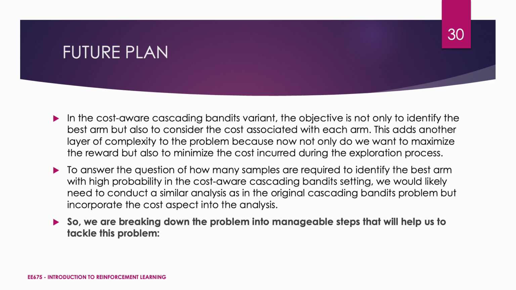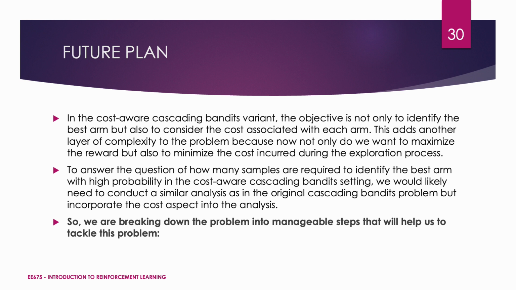To answer this question of how many samples are required to identify the best arm with high probability in the cost-aware cascading bandit settings, a thorough analysis is necessary. This analysis would likely need to be similar to that conducted in the original cascading bandits problem, but would need to incorporate the cost aspect into the analysis.